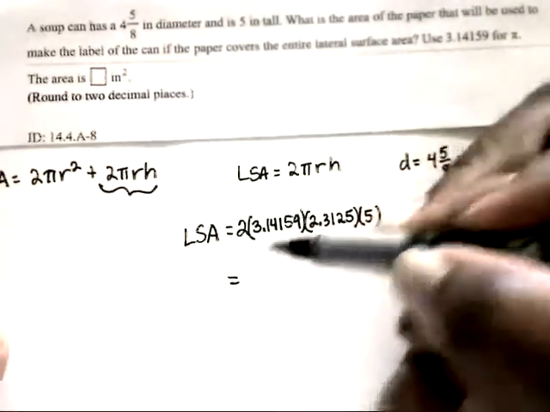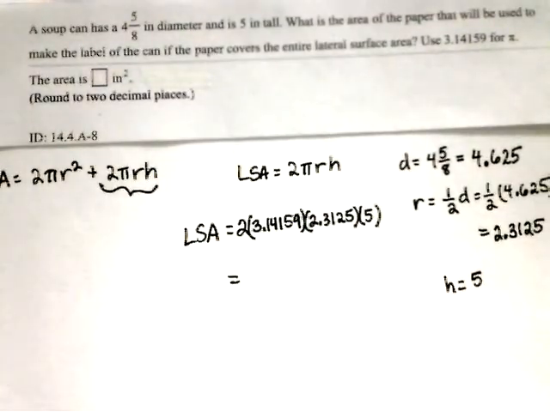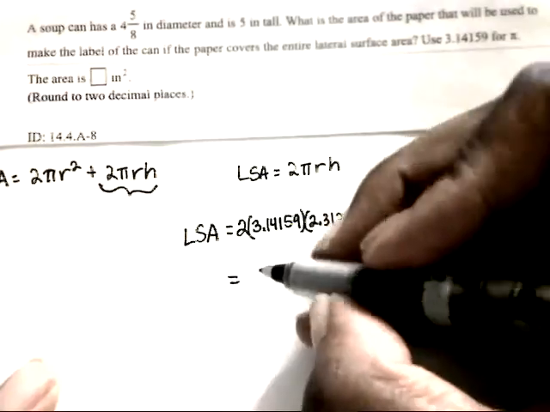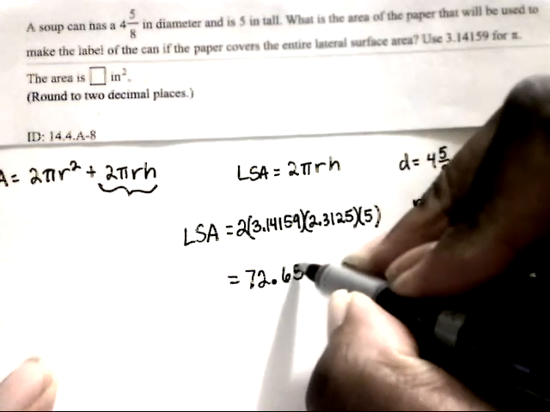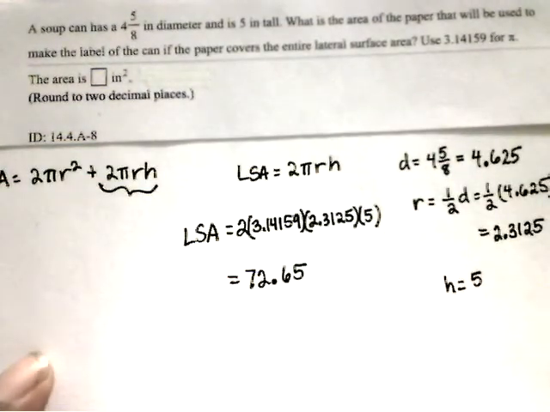If we do 2 times 3.14159 times 2.3125 times 5 and round this off to 2 decimal places, as indicated in the directions, your lateral surface area will be 72.65 square inches.